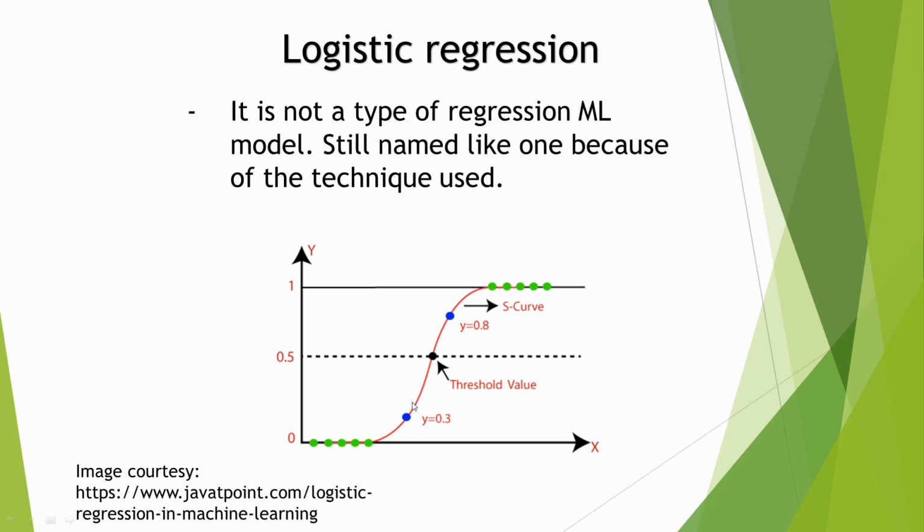Here we can define logistic regression based on one example. Let's say X is study hours and Y is 0 means fail and 1 means pass. So the lesser the study hours, the lower the probability of passing the exam. The more the study hours, the higher the probability of passing the exam. This is one logistic regression example.